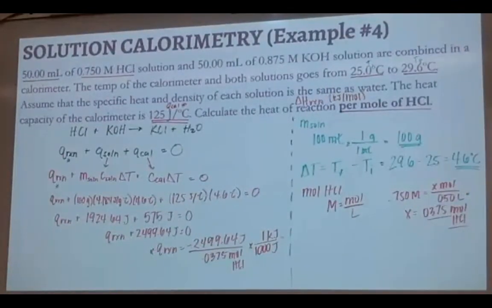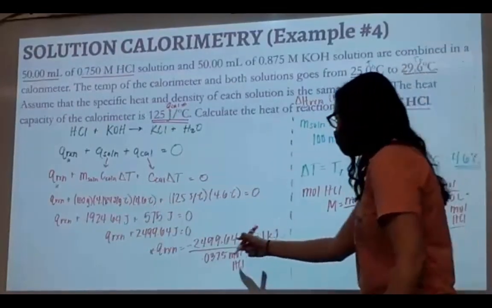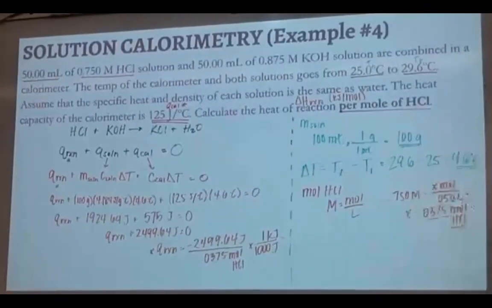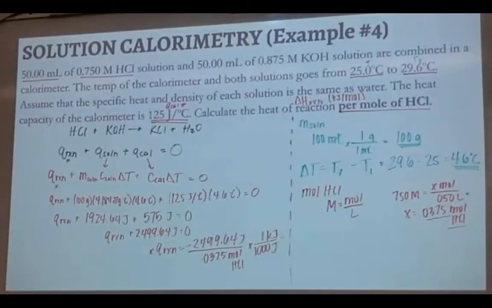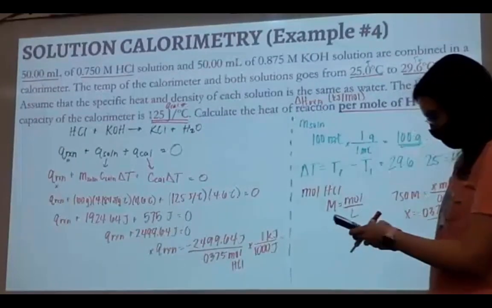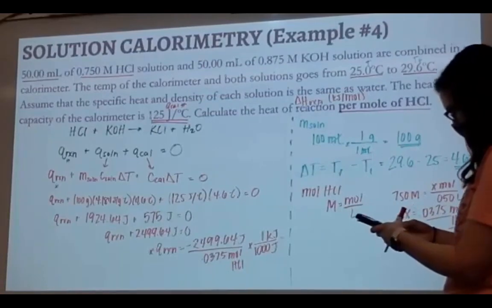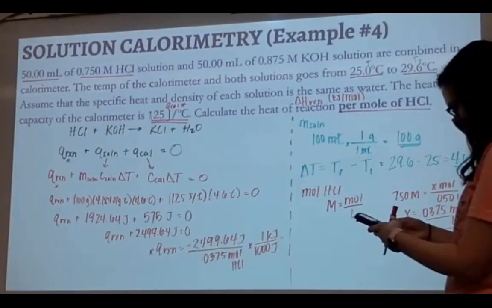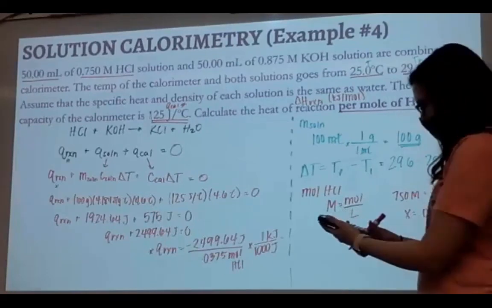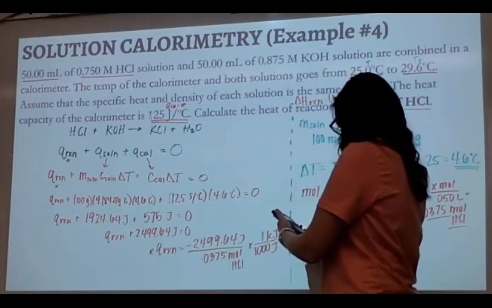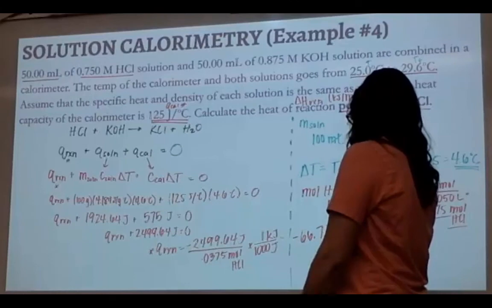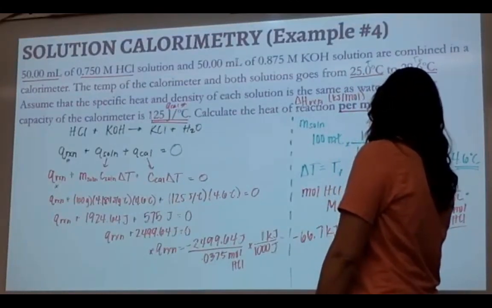So I just did it all at once. Some people will ask, can I just convert my joules to kilojoules first? It would be negative 2.49964. Yeah, you could do that. Whatever order you do it is fine, as long as you're getting the same thing. So negative 2499.64 divided by 0.0375 divided by 1,000. Delta H is negative 66.7 kilojoules per mole of HCl.